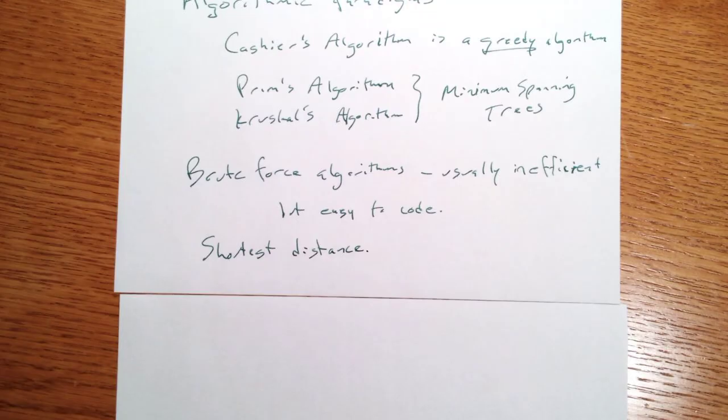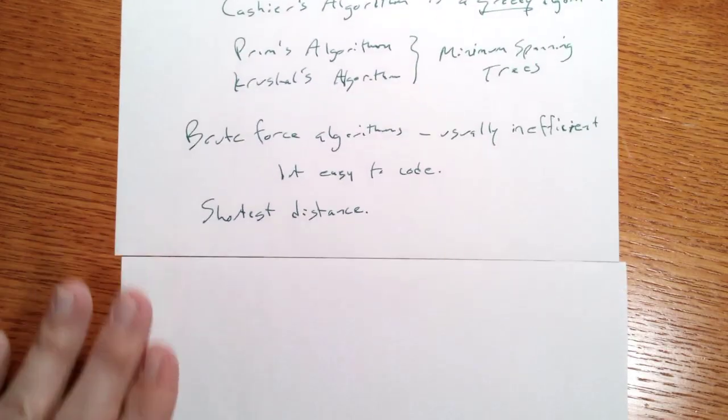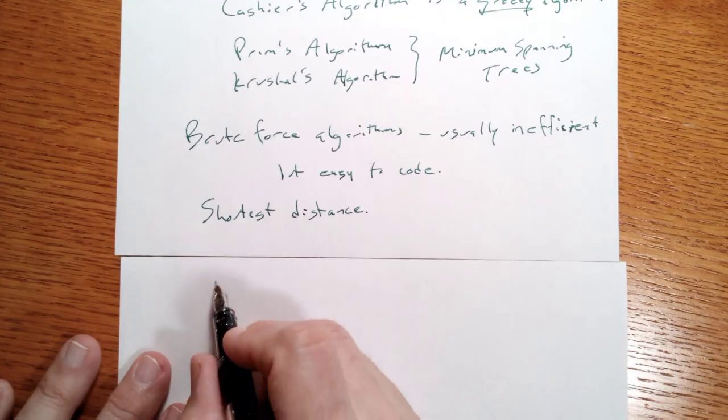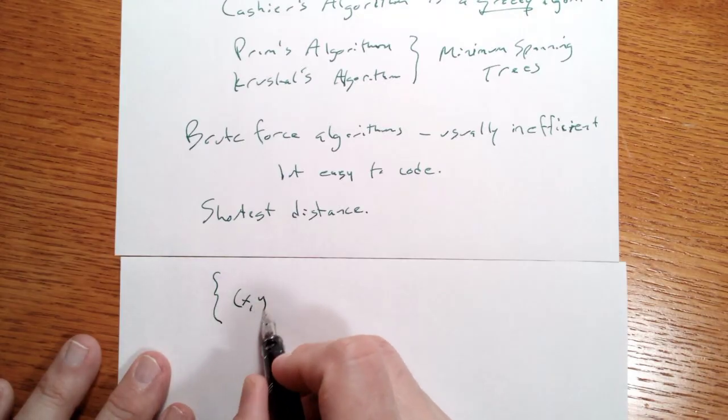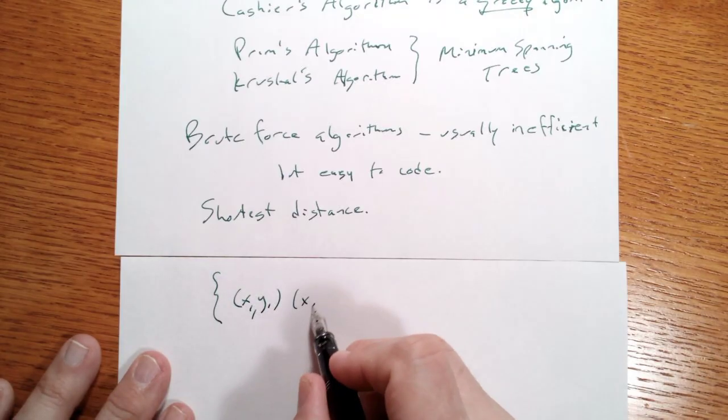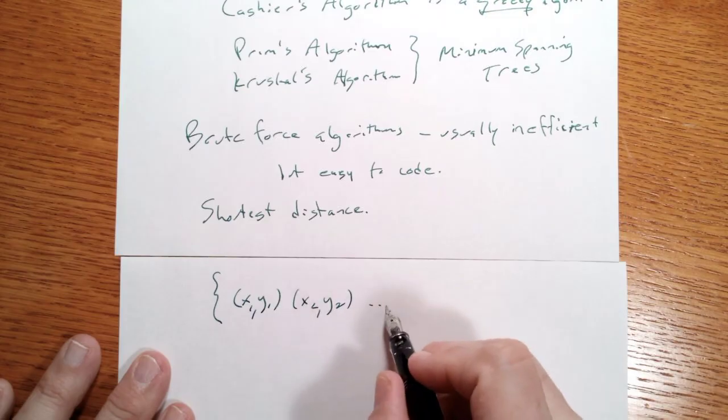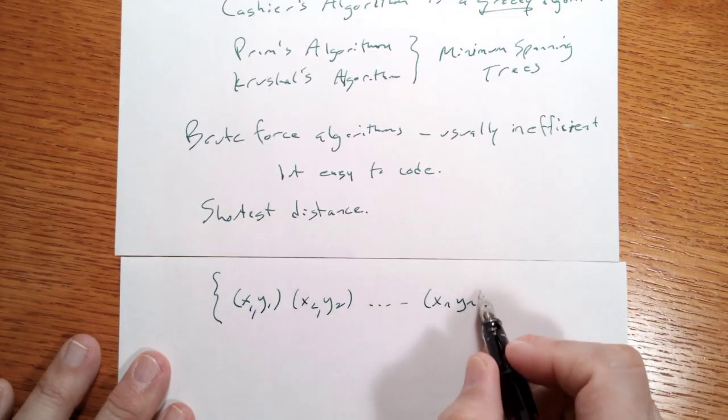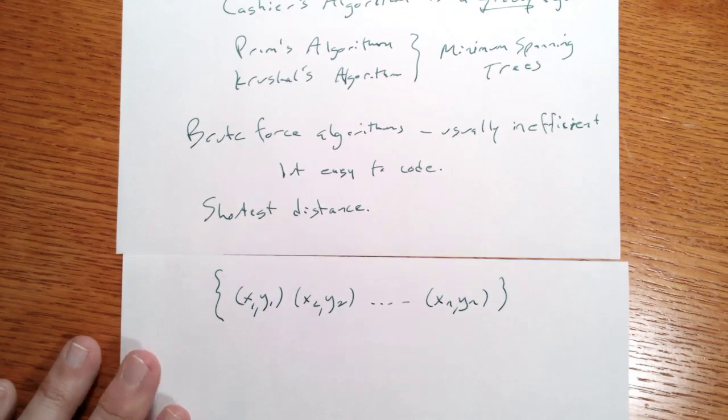I'm going to give you two collections of points, or two sets of data. So here's our data set: x1, y1, x2, y2, xn, yn. A set of points. Tell me which two are closest together.